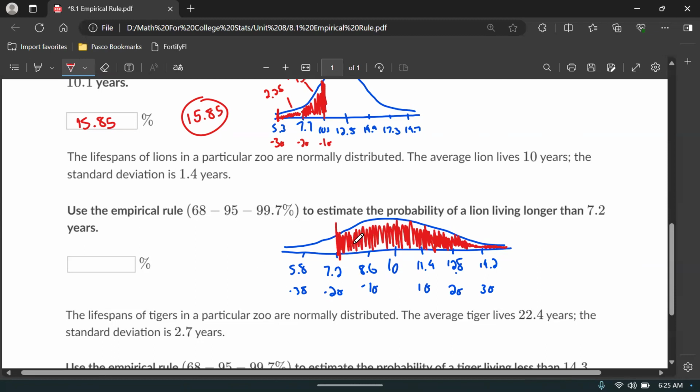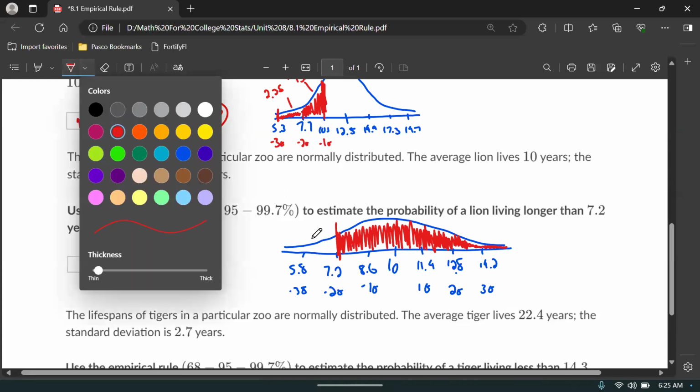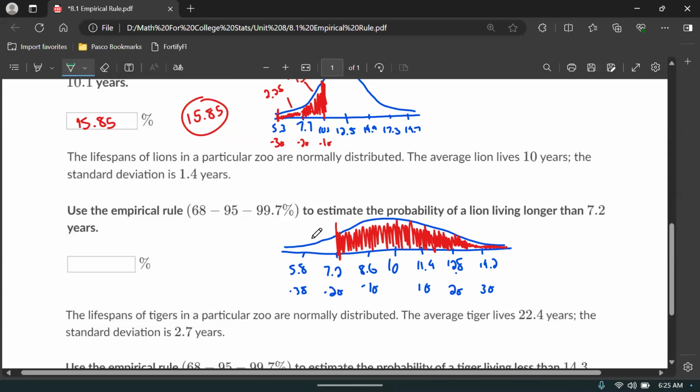You can add up all of these from -2 upwards, or just take 100% and subtract this region. That might be easier, actually. So this region here, remember, this was 0.15, and this is 2.35. So let's just take 100 and minus those.